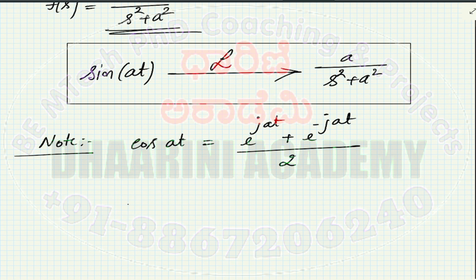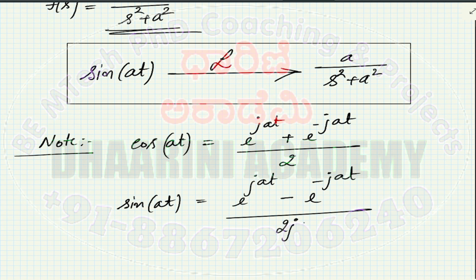Similarly, we can substitute if you have sin at, then we can substitute this as e to the power j times at minus e to the power minus j times at, whole divided by 2 times j. So here the j is equal to the complex notation, that is root of minus 1.